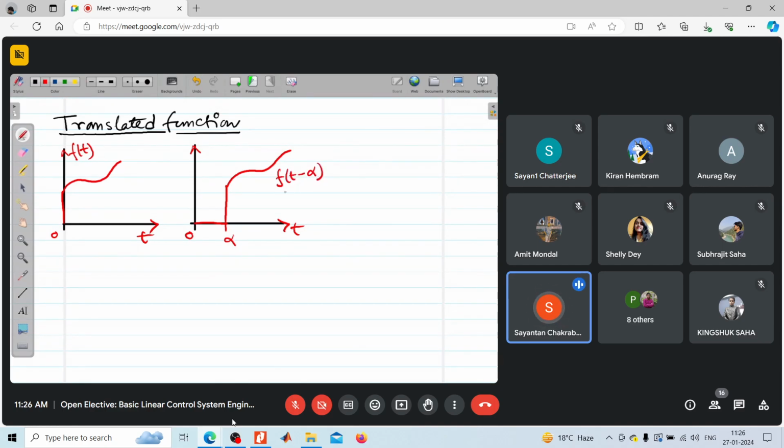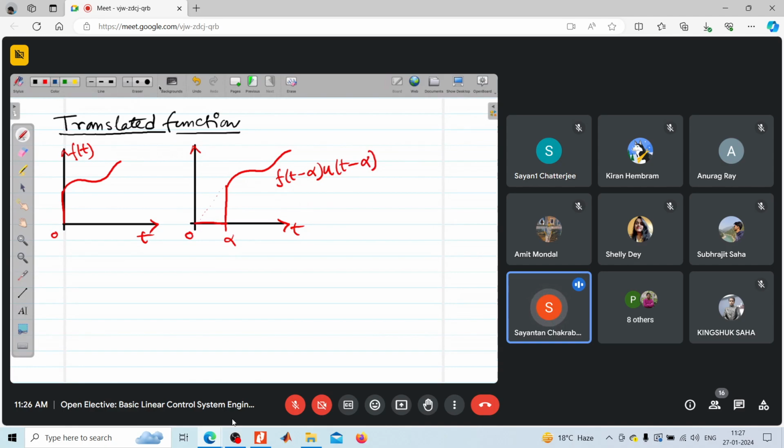But if I just write f of t minus alpha, it will also consider this function up to t equal to 0. But the function is only starting from t equal to alpha. So to make sure that any value before t equal to alpha is also 0, I need to multiply with this.